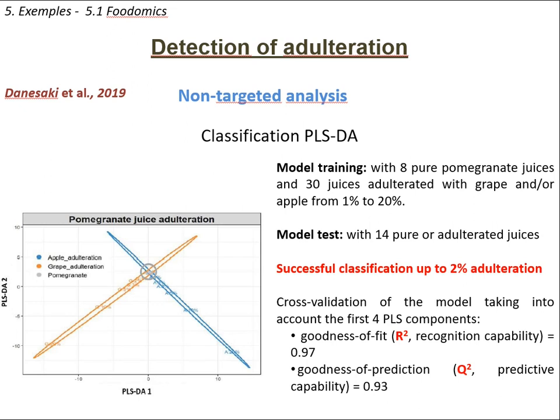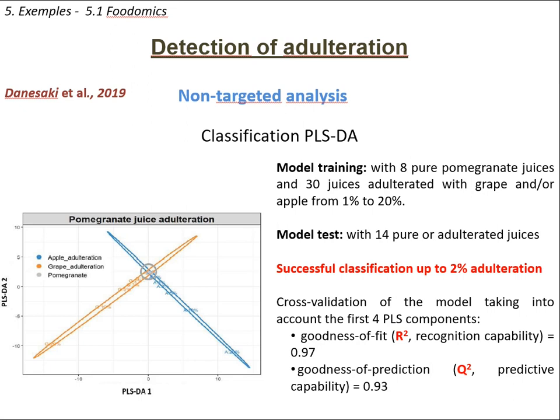They tried to classify the sample with a PLSDA, so it's basically the same as OPLSDA, but it's easier with many conditions, while OPLSDA sometimes is limited to 2 condition comparison. So they trained the model with 8 pure pomegranate juices and 30 juices adulterated with grape or apple.